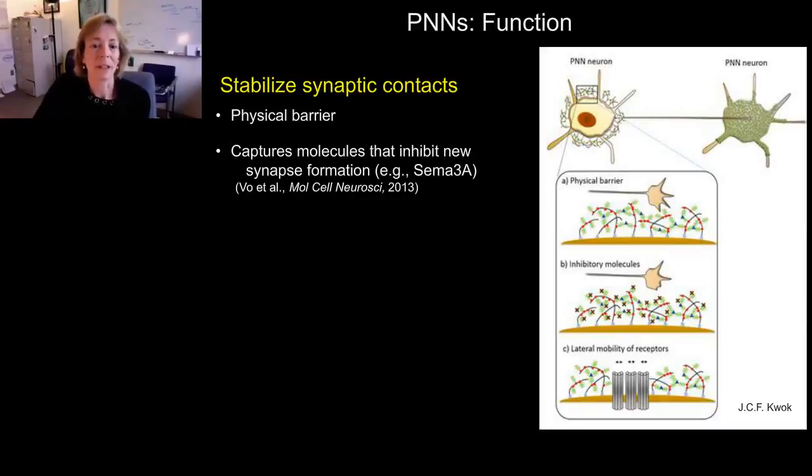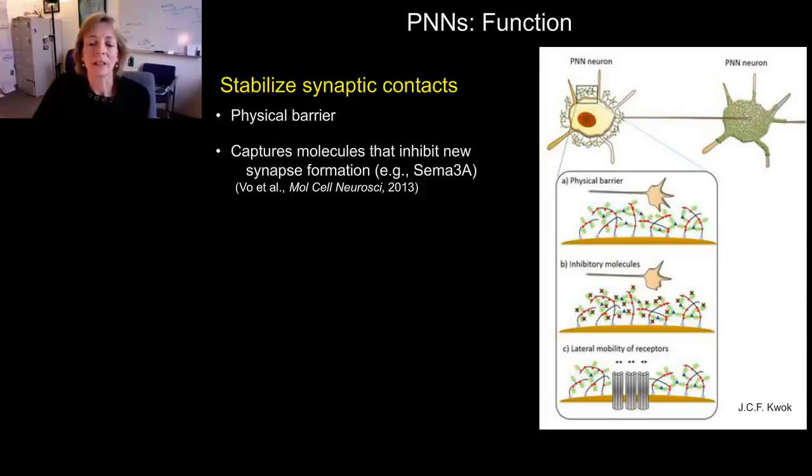The function of perineuronal nets is manifold. One, they stabilize synaptic contacts. So if you look at A on the right-hand side, they form a physical barrier to new synaptic inputs coming in. The net is shown around a neuron, and the new synaptic inputs have a more difficult time forming new synapses.